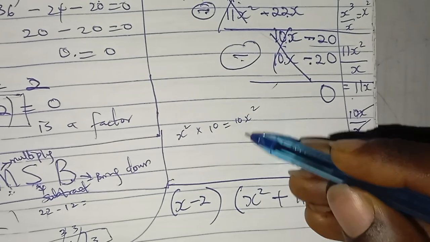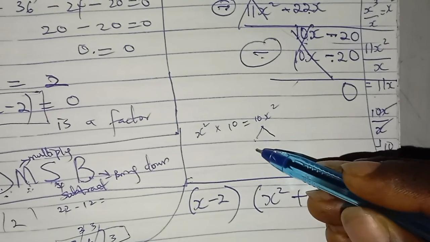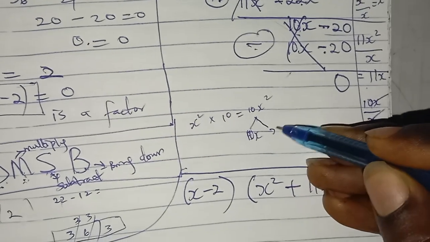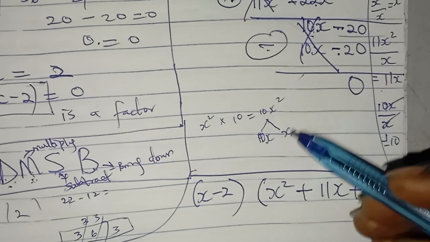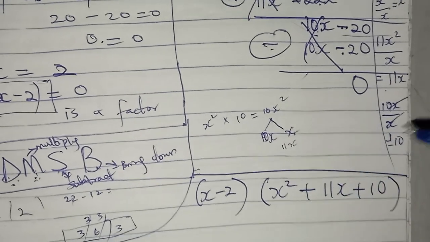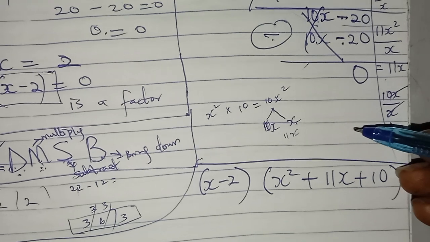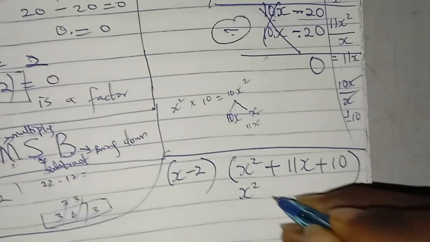Okay, then 10x squared, is there any way I can do it so that if I add it will give me 11? Let's say I have 10x plus x. 10x plus x is going to be 11x. Yes, okay. So I can use factorization so that this becomes x squared.